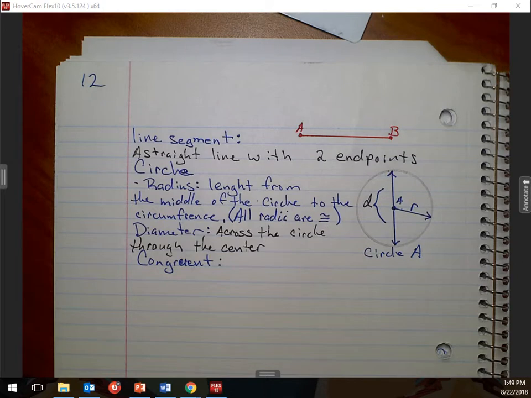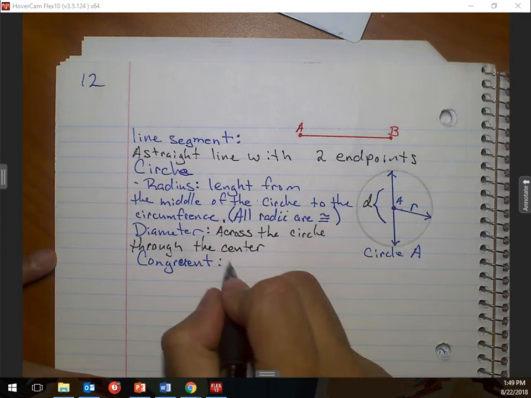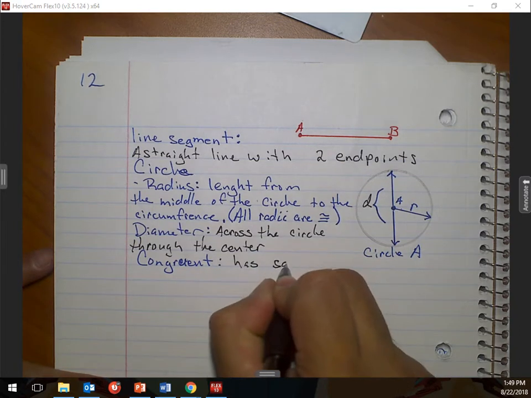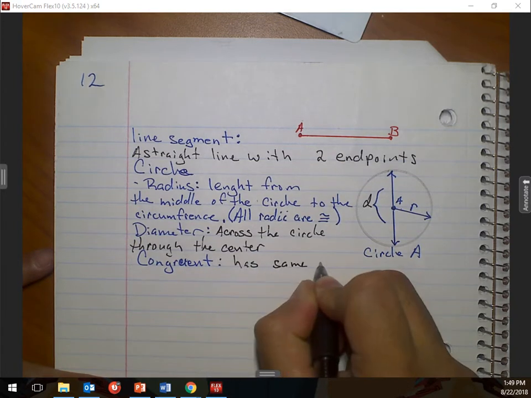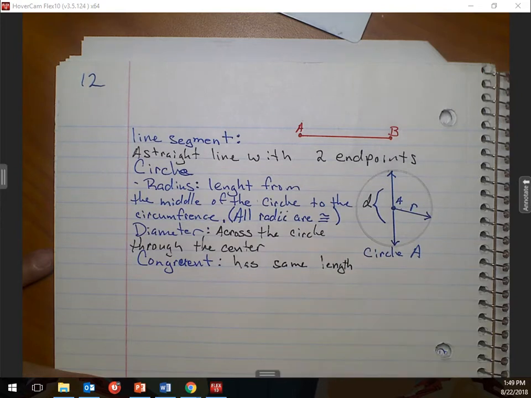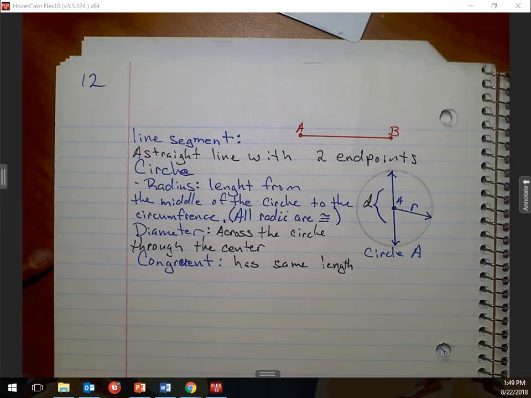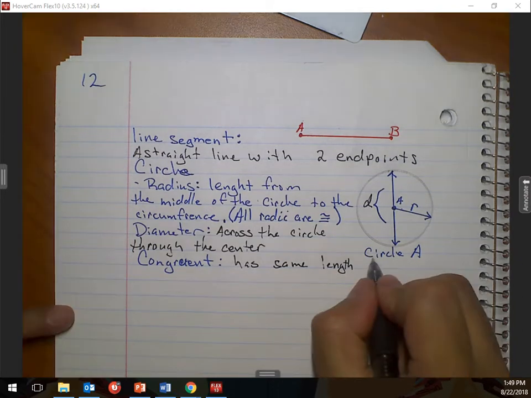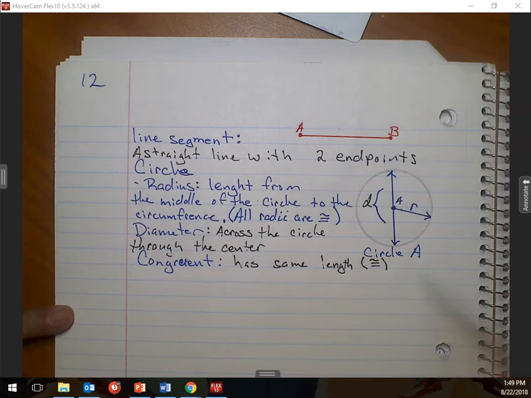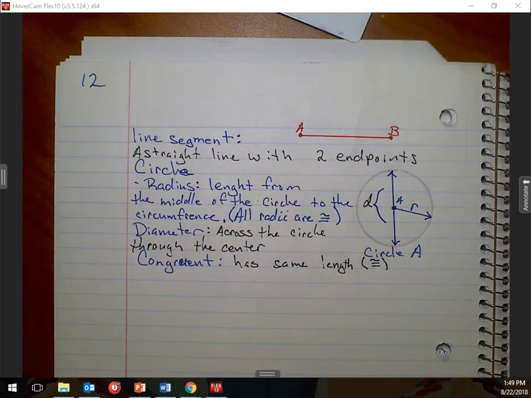Same distance, same measure, same length, right? So it's the same length. Okay, so I'm going to say has same length. Okay, and I'm going to put my little symbol in there. Here's my symbol for congruent.